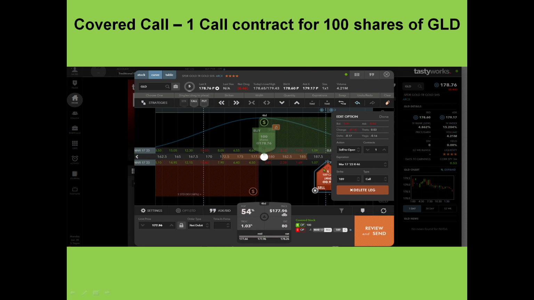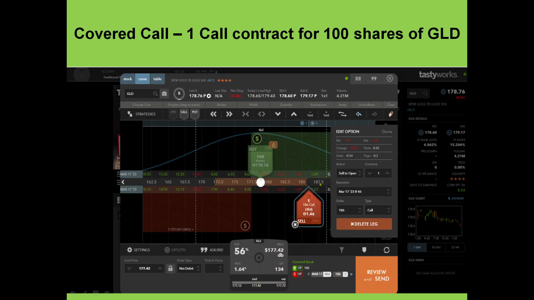So for the most part, you can see it's about an 83% chance that the GLD price will stay below the strike price by expiration. And so what that really means is that the call seller can capture the entire premium of 93 cents per share.